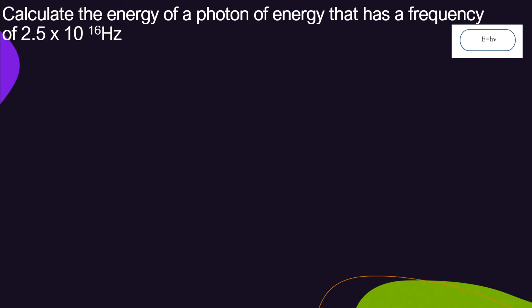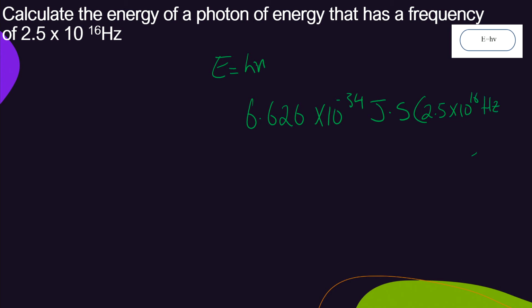Our H has a value of 6.626 times 10 to the negative 34, and our unit is joules times seconds. And we're multiplying it by the number in the question, which is 2.5 times 10 to the 16th hertz. So that's what our E is going to be equal to.